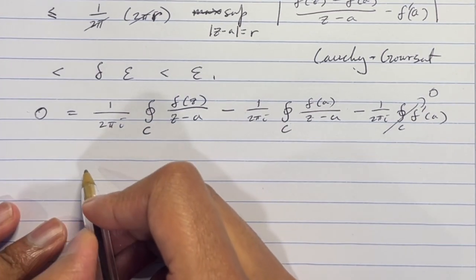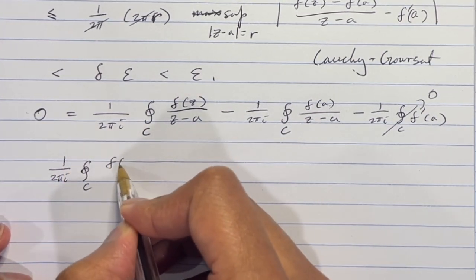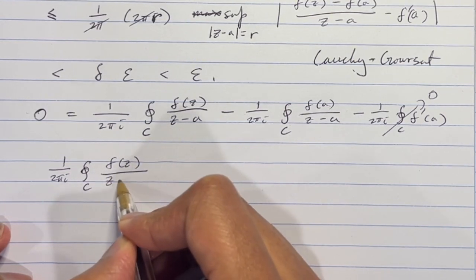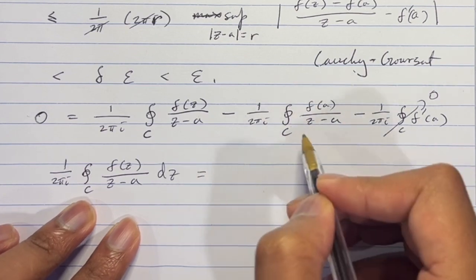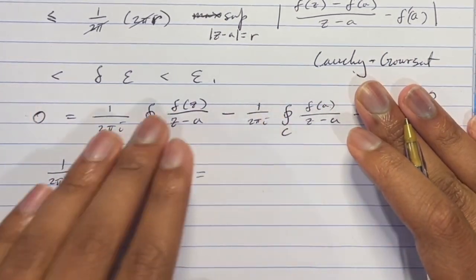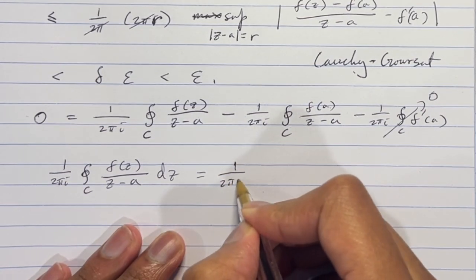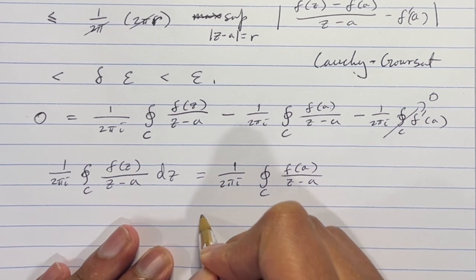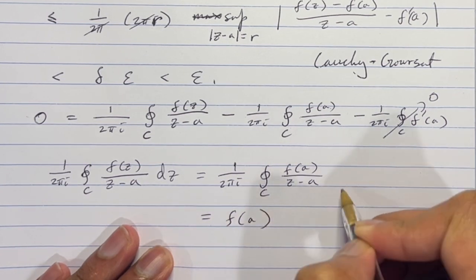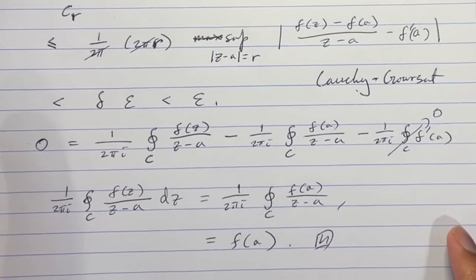So we get 1 over 2 pi i, integral over C of f(z) over z minus a dz, is equal to this, because this is 0, we just have these two left behind, we move this to the side, 1 over 2 pi i, integral of f(a) over z minus a, and finally this is just f evaluated at a, and we're done. That's Cauchy's integral formula. I hope that made sense. Thanks for watching.